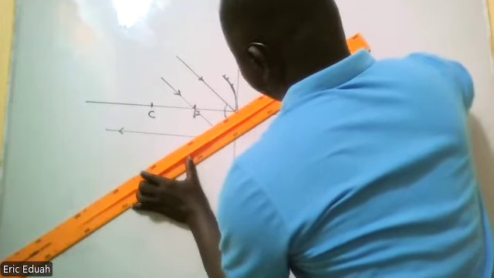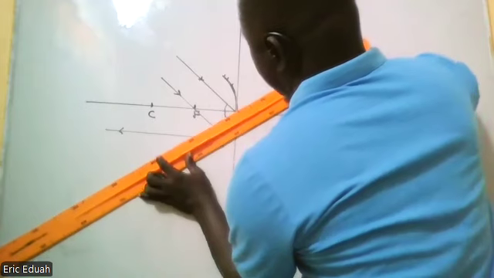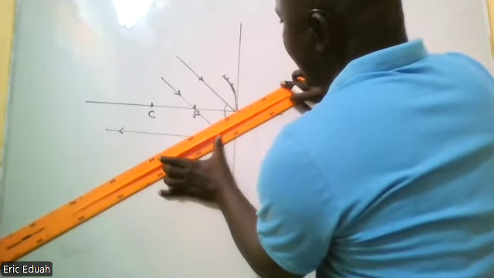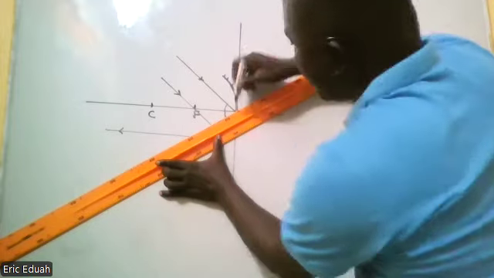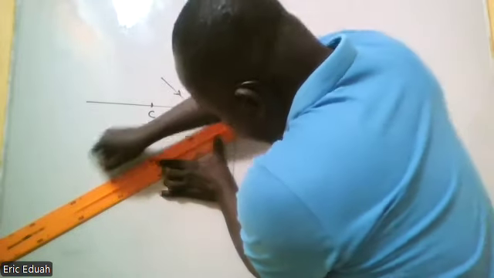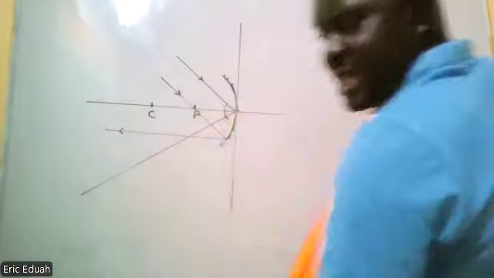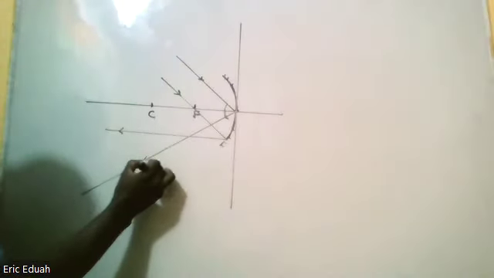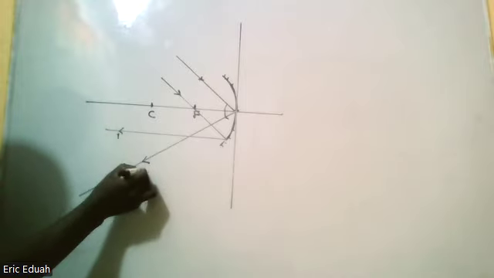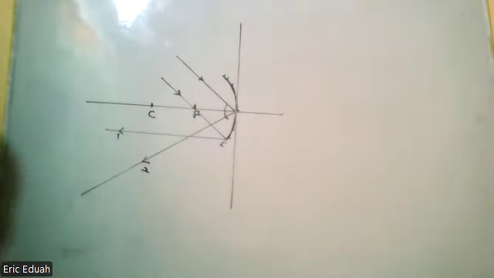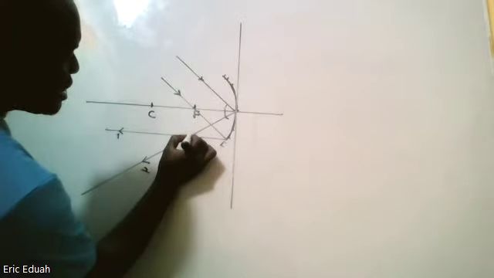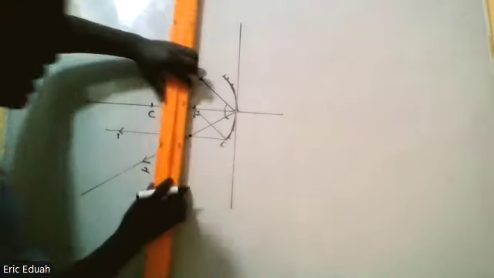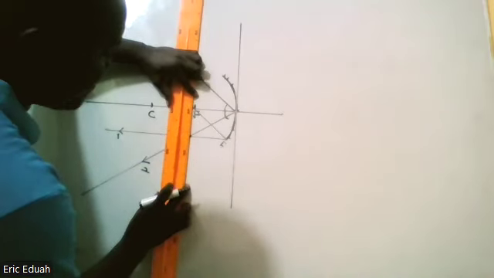I am estimating this angle, so you must estimate correctly. Now, when you do it well, you realize that this is reflecting, this is another reflected ray, 1 and 2. The two reflected rays meet or intersect at this point. Where they intersect must be F.